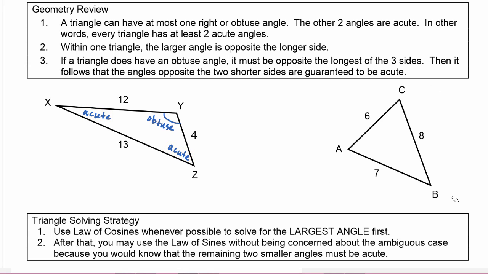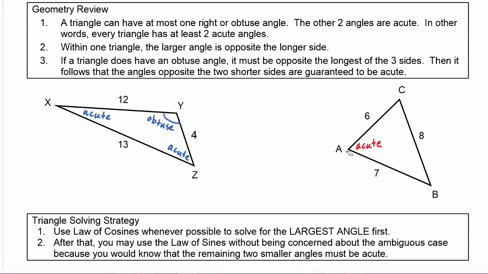Let's look at this triangle now. We know that 8 is the longest side, but we can see that the angle that's opposite of 8 is not obtuse. We can see that it is an acute angle. So just because it is the longest side doesn't mean that its opposite angle will be obtuse. It just means its opposite angle will be the biggest.